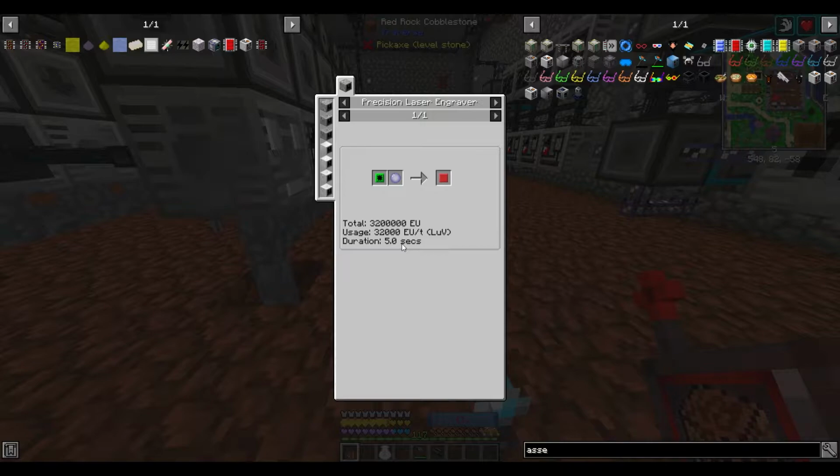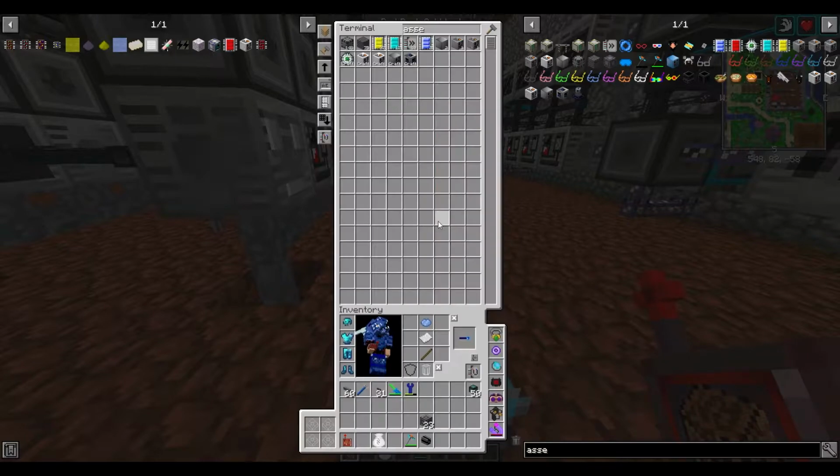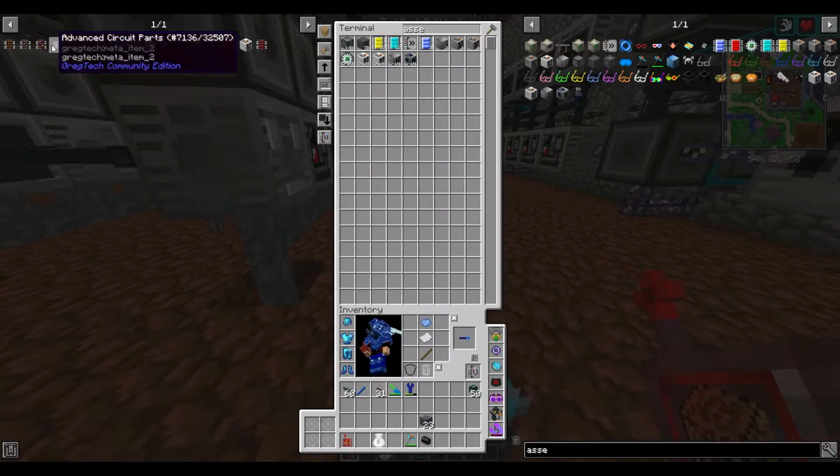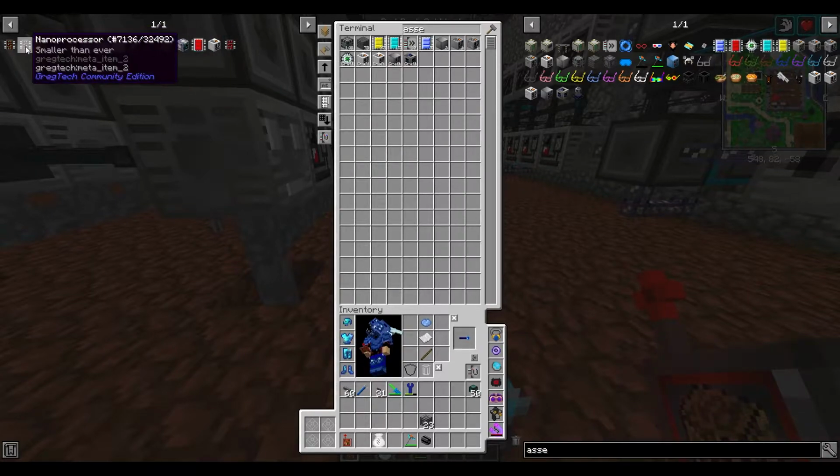How far is that? Ooh, we can actually craft these already. Okay, so even the next tiers are going to be easier. By the way, we've replaced advanced circuit parts, which are equivalent to basic circuits, integrate processors, nanoprocessors, and quantum processors.